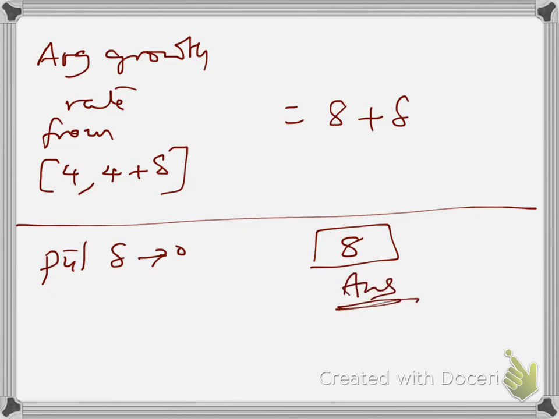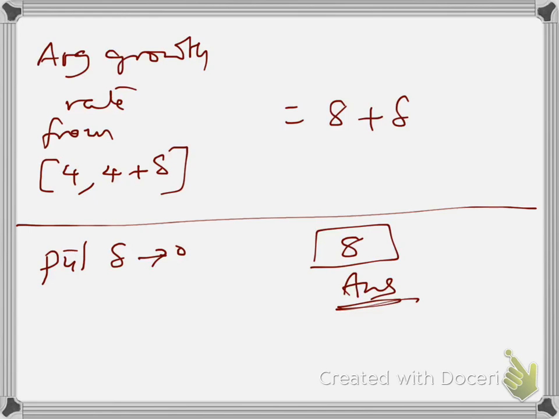You are taking delta smaller and smaller. First you took 0.1, you got average growth rate 8.1. Then you took delta 0.01, you got average growth rate 8.01. Then you took delta as 0.001, you got 8.001.